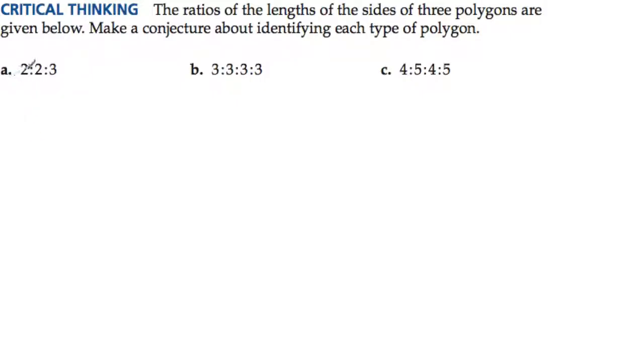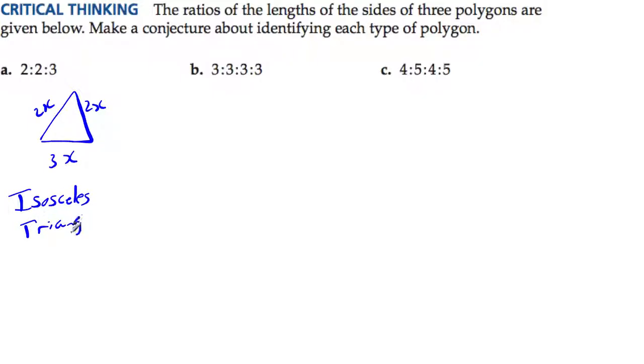We don't know how big they are. But if we have 3 sides, we can say that whatever the common ratio is, this is 2 times that number, 2 times that number, and this is 3 times this number. Well, this is a triangle with 2 sides that are the same, so that is an isosceles triangle. And that's all we're doing here.